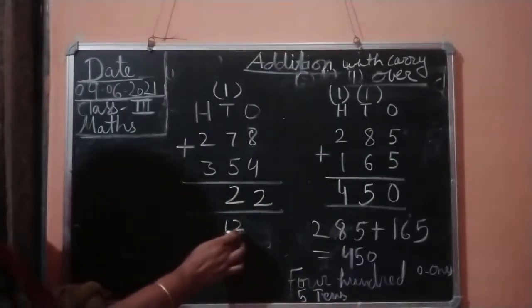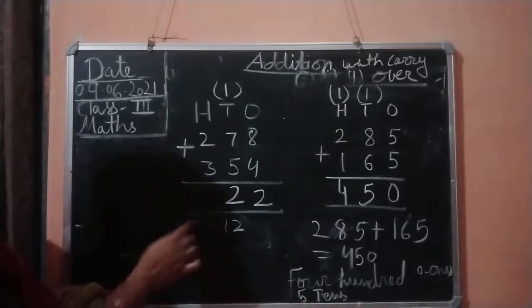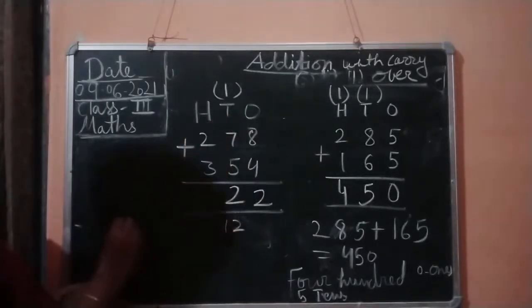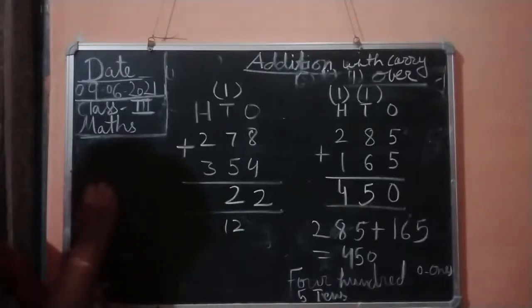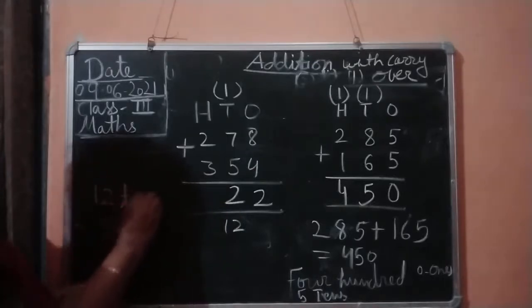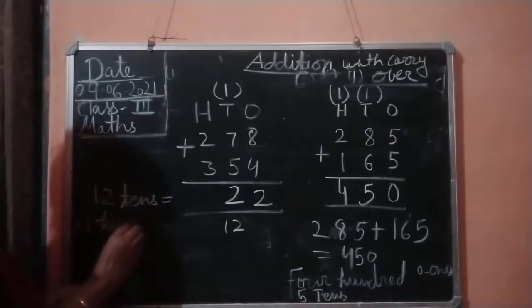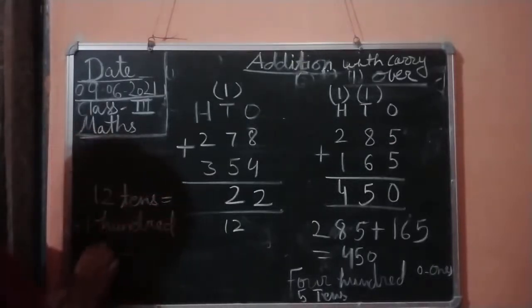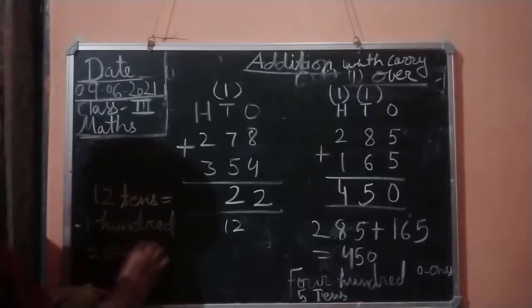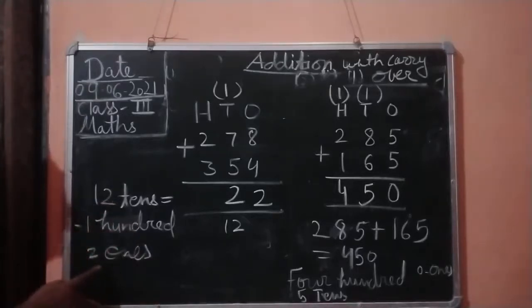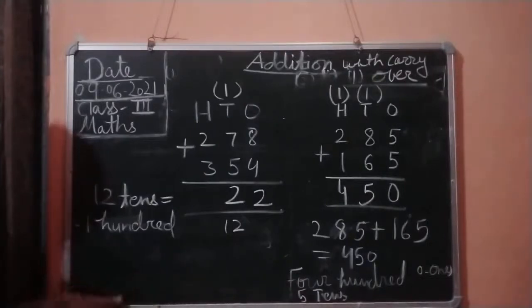So here, 2 tens and 1 hundred, because this is in the tens place. So 12 is the answer. So 12 tens means 1 hundred and 2 tens. Okay, this is called 12 tens: 1 hundred and 2 tens. Sorry, 2 tens.